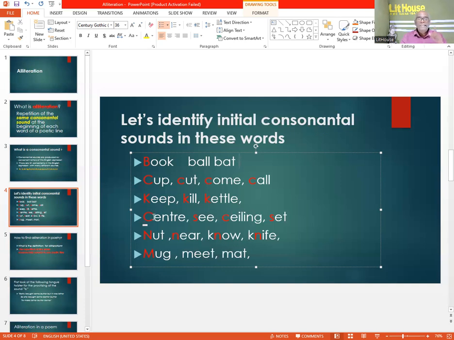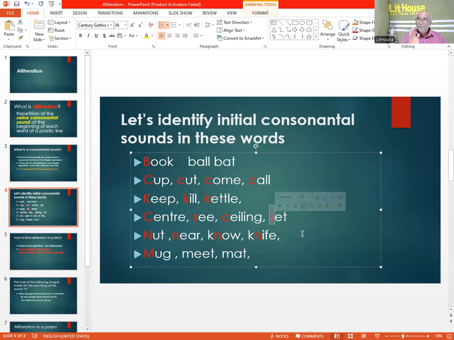Next example: center, ceiling, set. Center: the beginning letter is C. The sound is S. Ceiling: the letter is C, the sound is S. Set: the letter is S, the sound is S. Now you can see in all these words, the beginning sound is S. They have different letters, different consonants.